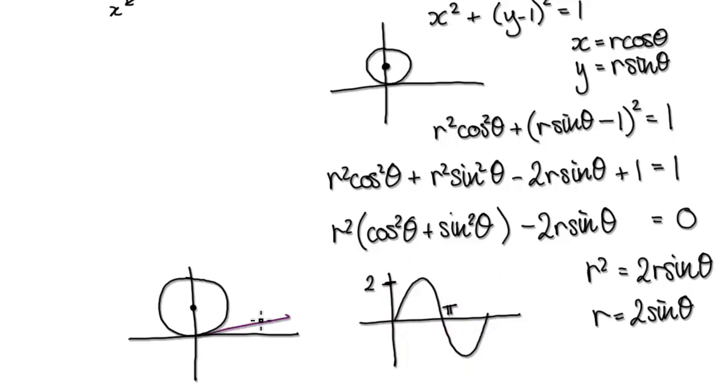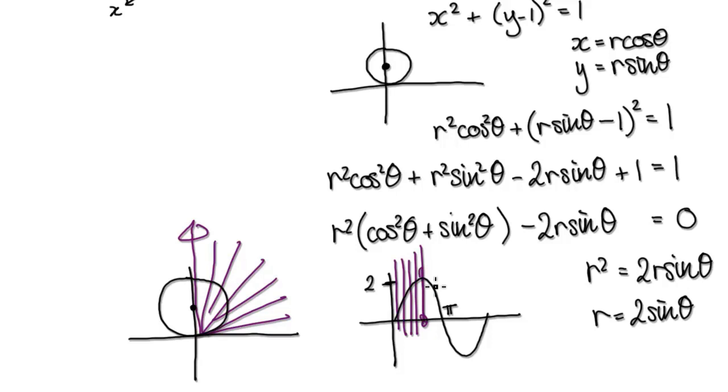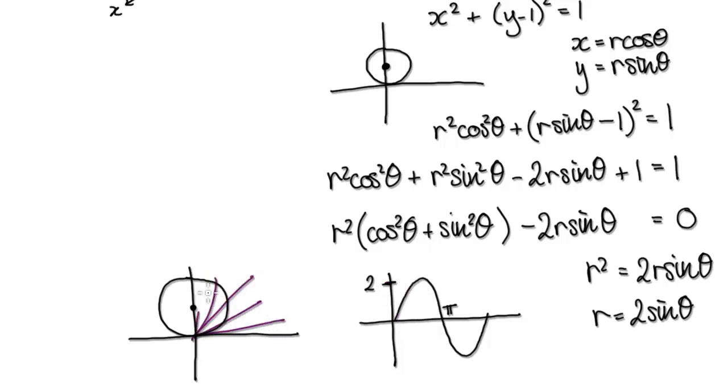By the time you get to pi over 2, which is here, the radius will be 2. That's why by the time you get to 90 degrees, the radius will be 2. And then the radius decreases, and by the time you get to an angle of pi, the radius would be 0. That's why there is no radius when you get to pi. So this is a revision. You should know this by now.